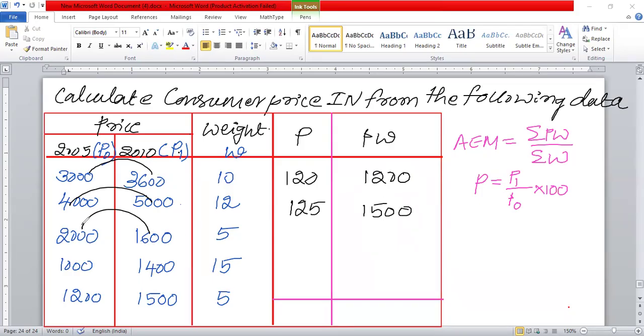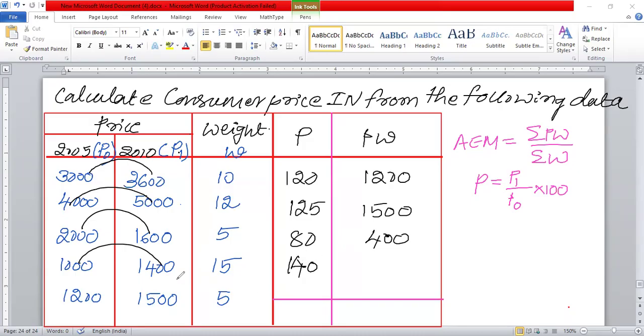So 1,600 divided by 2,000 into 100, 80. So 400. So 1,400 by 1,000 into 100, 140.